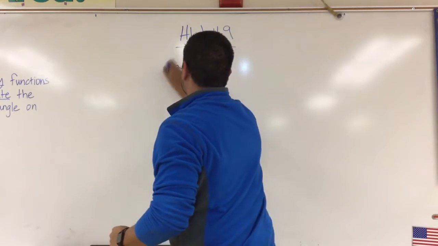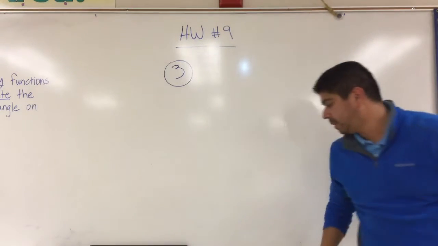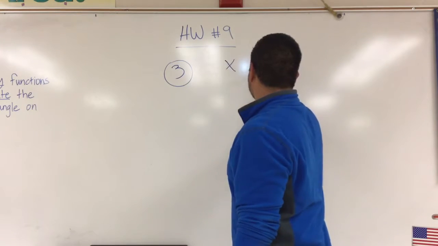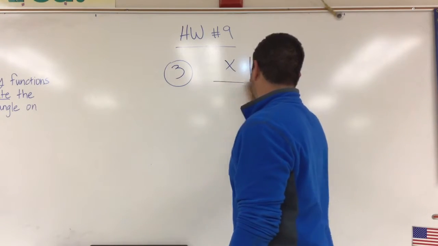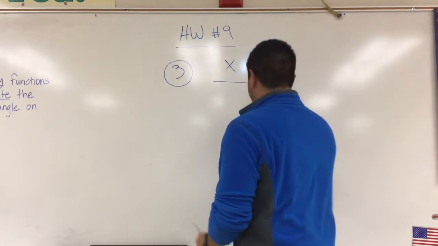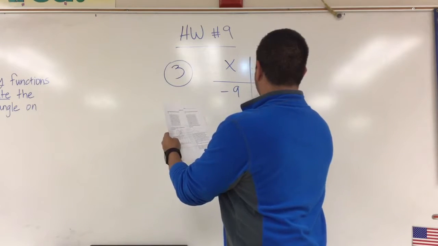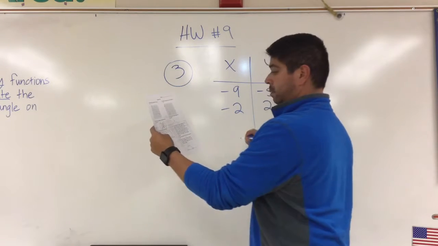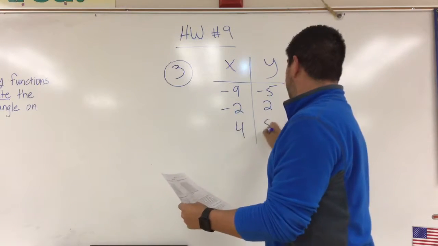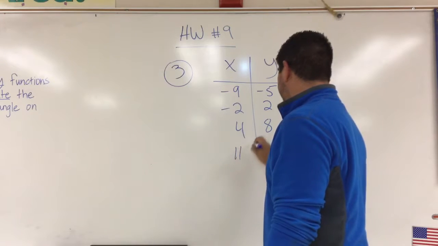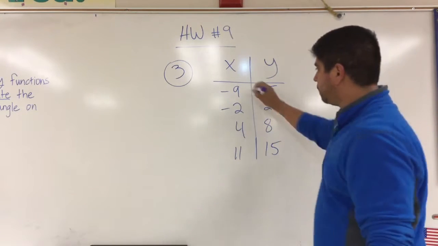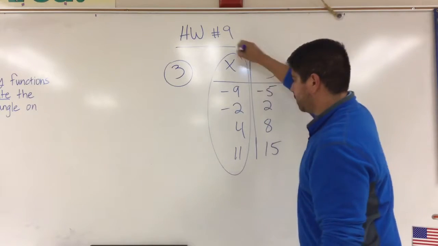Okay. Number 3 gives us a table and is asking if the table represents a function. So here I got my x and my y's. Got -9, -5, -2, and 2, 4, and 8, and then 11 and 15. So when I have a table, all I'm looking at is my x values here.